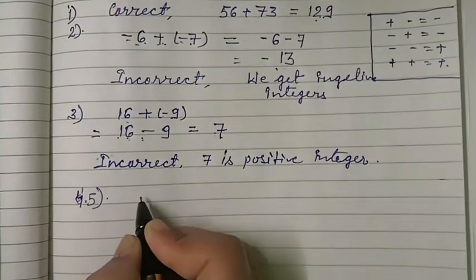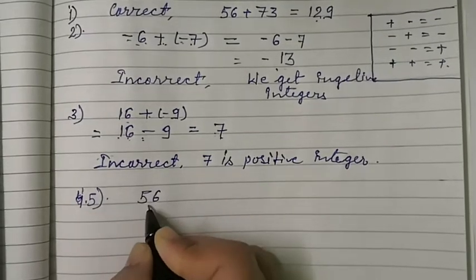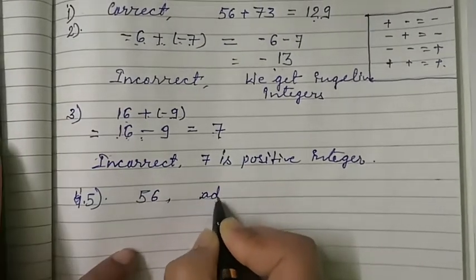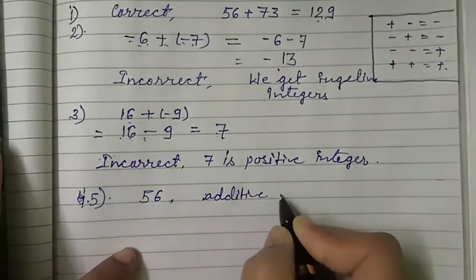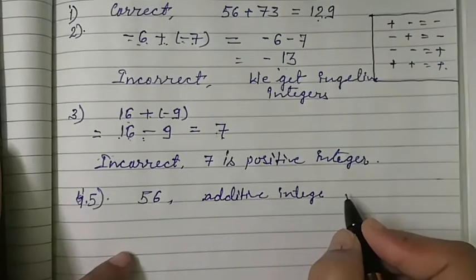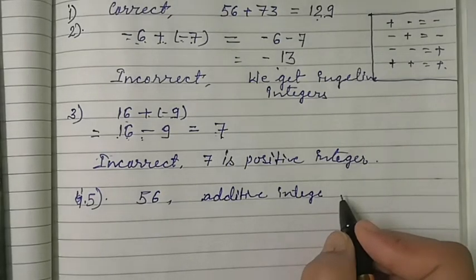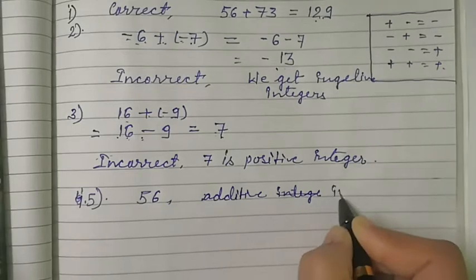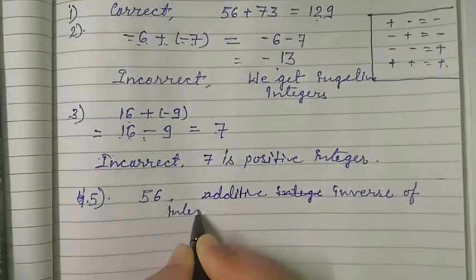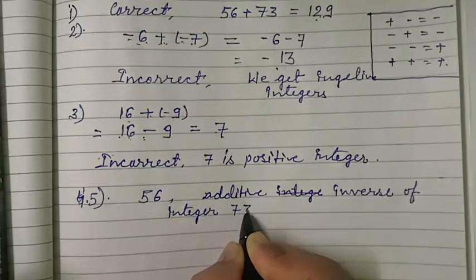Fifth one, suppose that 56 is the integer and we add the additive inverse of another integer, suppose that is 73.